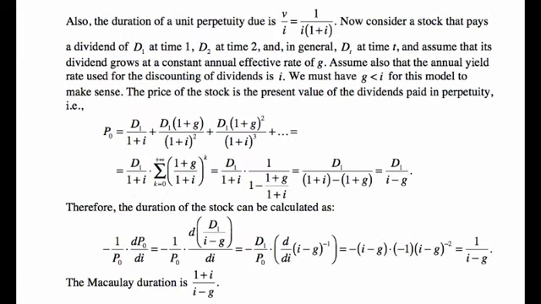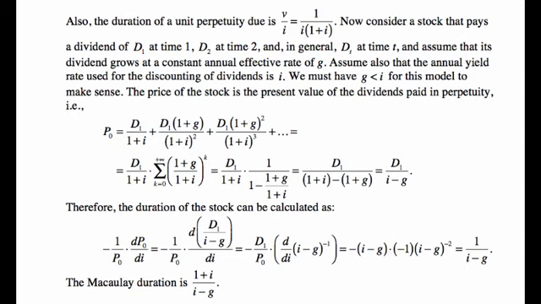Also, the duration of a unit perpetuity due is v over i, or 1 over i times 1 plus i. And of course, you're familiar with that because you get duration from Macaulay duration by dividing by 1 plus i.